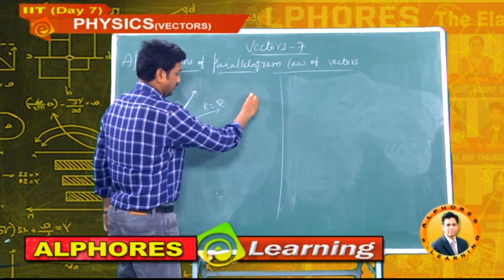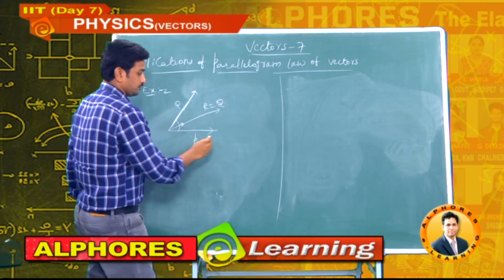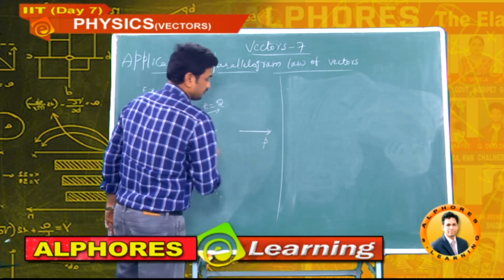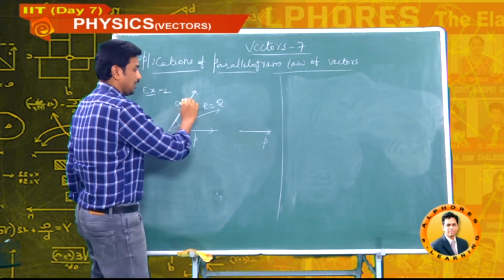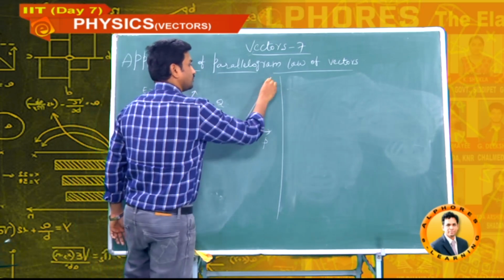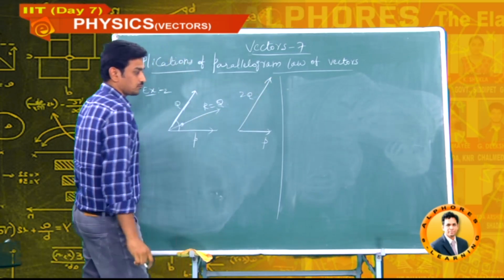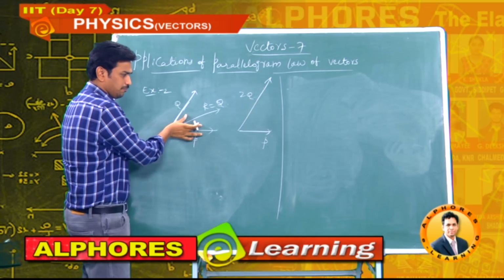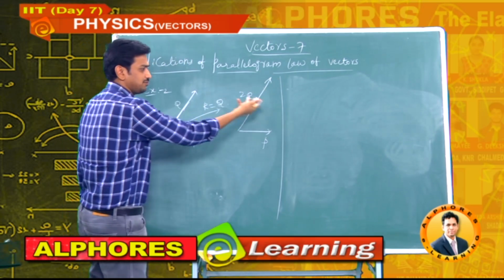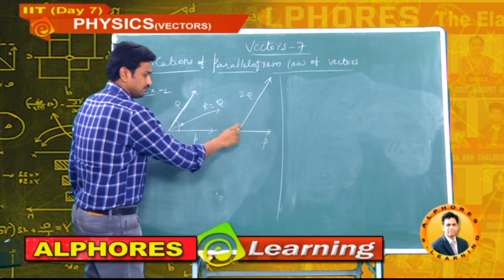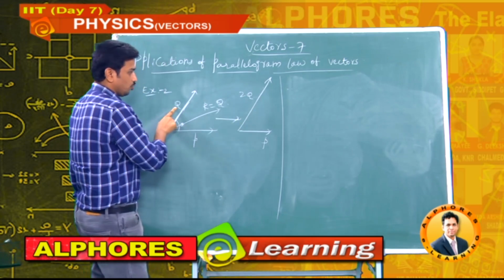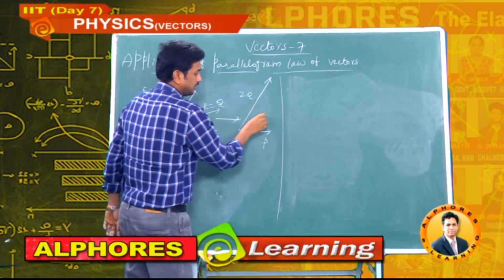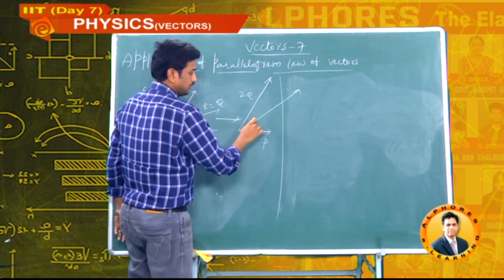Now what I am going to change: P as it is, the same, but Q I am making double, 2Q. This same question I am changing: P is the same, Q is double. Then the resultant vector makes some angle with the P vector.